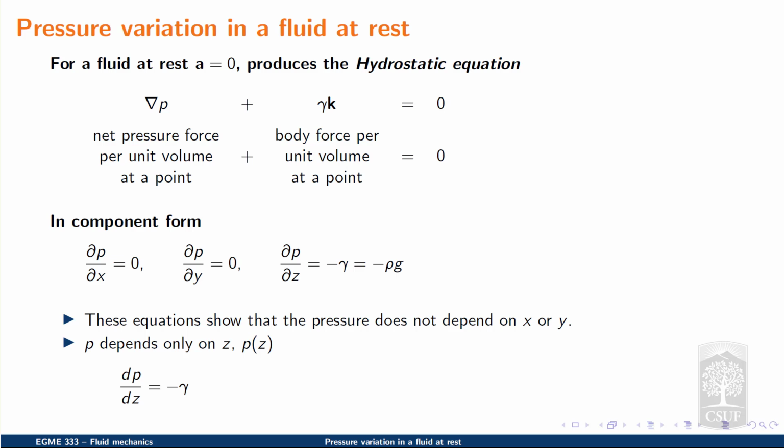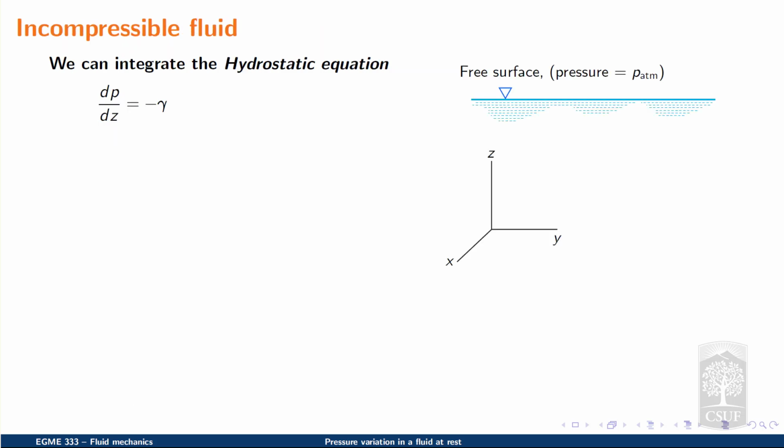So if we apply the incompressible fluid assumption to the previously discussed hydrostatic equation, dp dz is equal to negative gamma, we can obtain an algebraic expression if we integrate the hydrostatic equation between 2 points, point 1 and point 2.